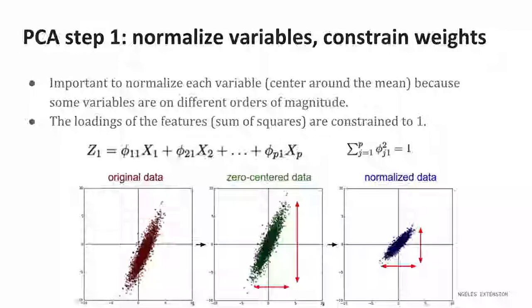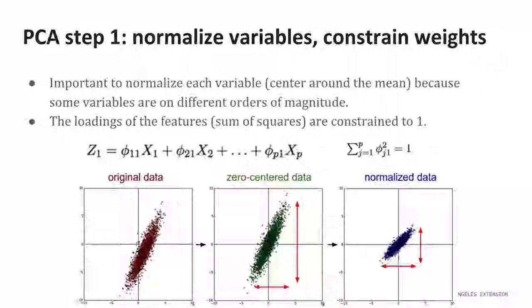So how do we do PCA? It's important first, before you do PCA, to normalize and center your variables. And that means centering around the mean. Naturally your data is going to have some difference from variable to variable, right? Some of them will be much larger, like the income number, and some of them will just be a percentage, like the bachelor's degree education metric that we saw earlier.